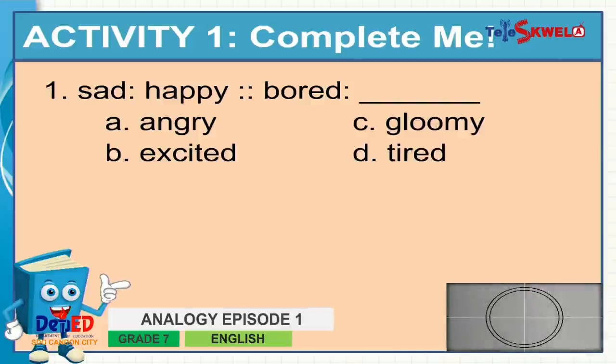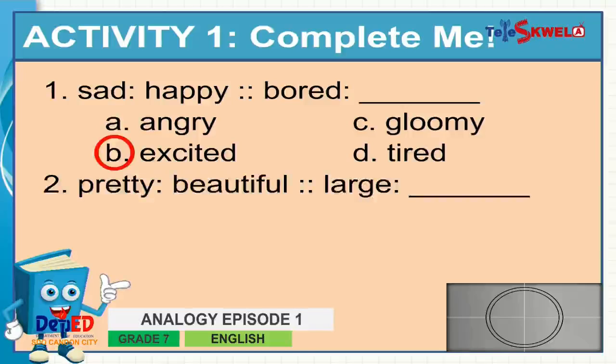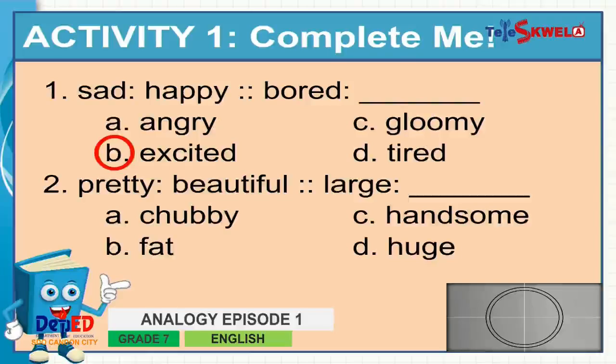And the answer is letter B. Excited. Sad is the opposite of happy, as bored is the opposite of excited. Number 2. Pretty is to beautiful as large is to letter A, chubby. Letter B, fat.